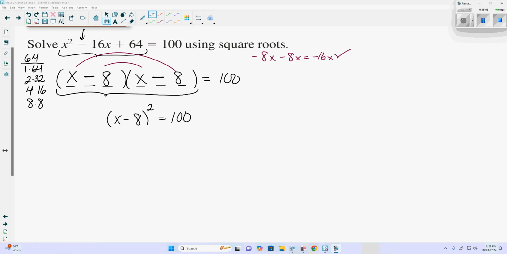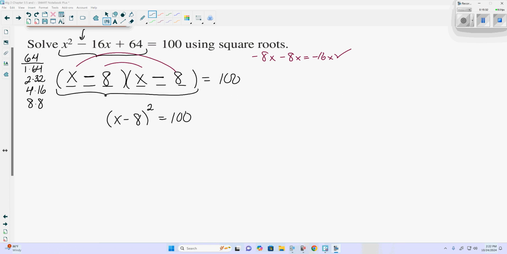So this is kind of nice because x squared minus 16x plus 64 did factor. Not only factored, but we were able to write it as a single set of parentheses being squared, which means we can now use the square root method on this. Because again, we need a single thing being squared.